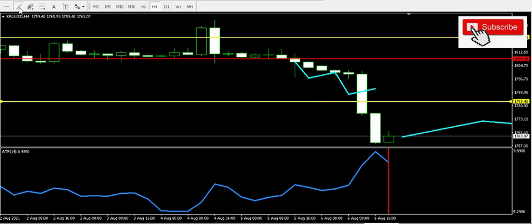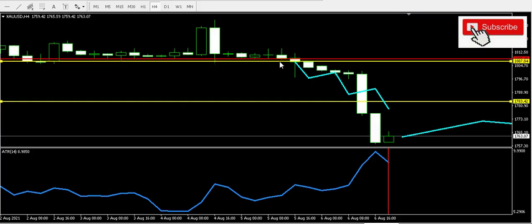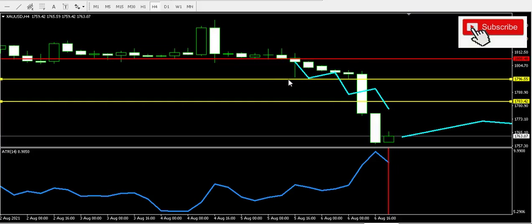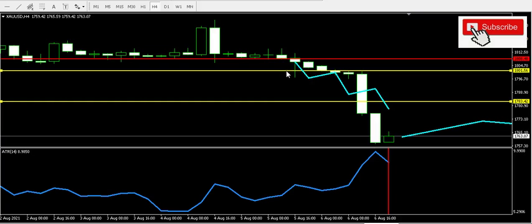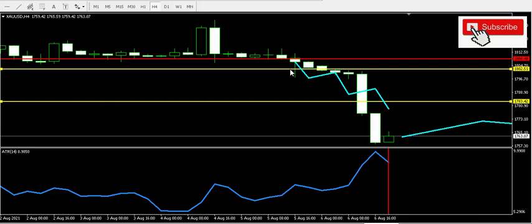We are on the 4-hour time frame, but on a smaller time frame, on the 30 minutes or the 15 minutes, you may see something like this. So you have a lower low here, a lower high here, a lower low here, a lower high. As price continues to go down in line with the forecast, once price breaks this low here, you can shift your stop loss above this level.